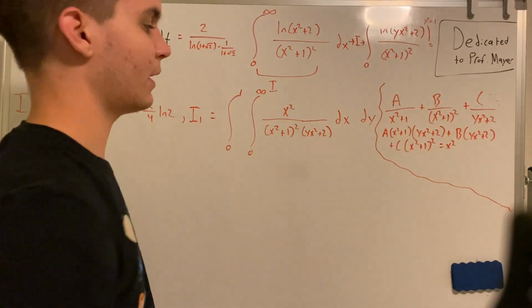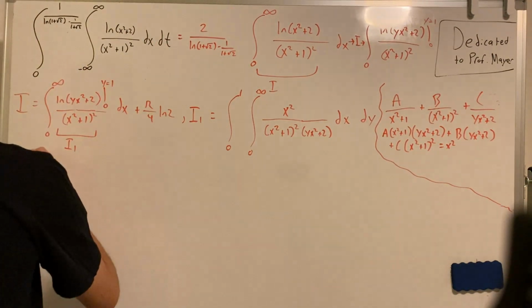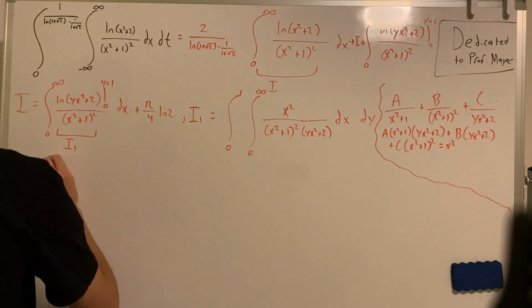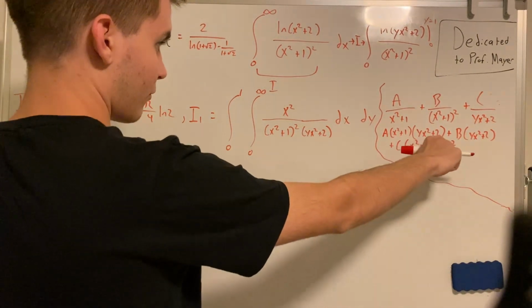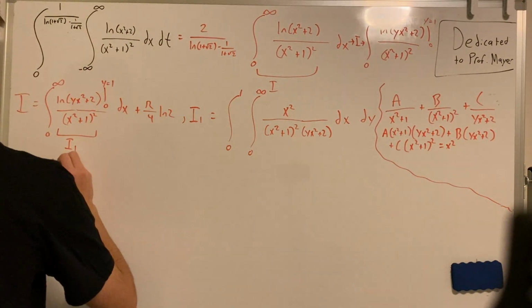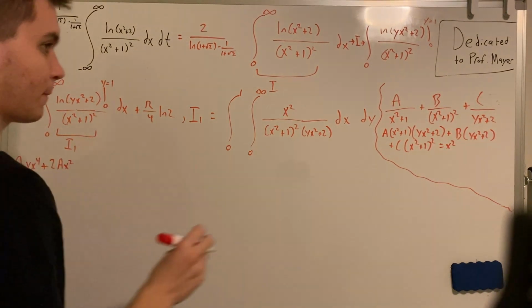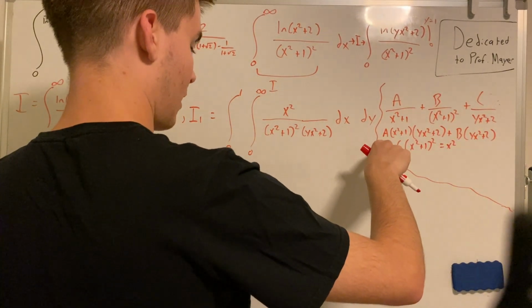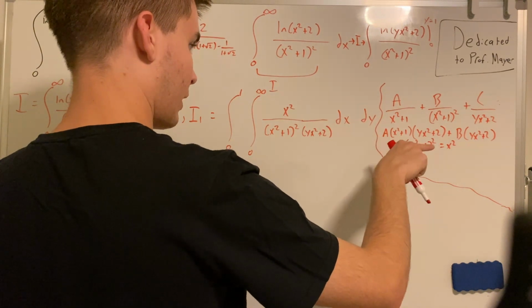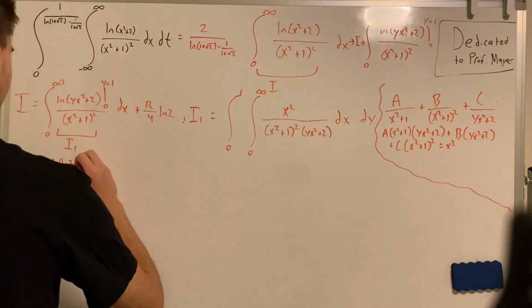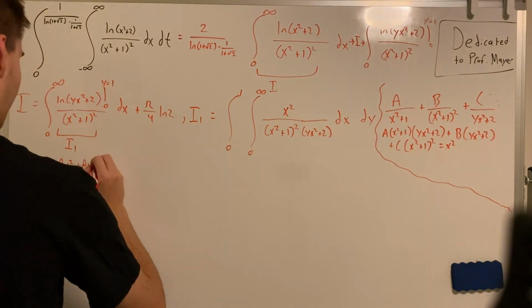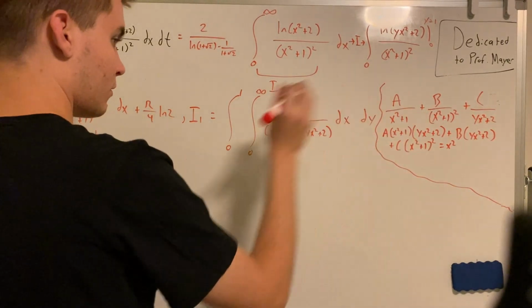So the first term is going to be y x to the 4th, so we have A y x to the 4th. And then next we're going to have 2x squared, so it's going to be 2A x squared. Then it's going to be y x squared, so we have A y x squared. And then 2A.